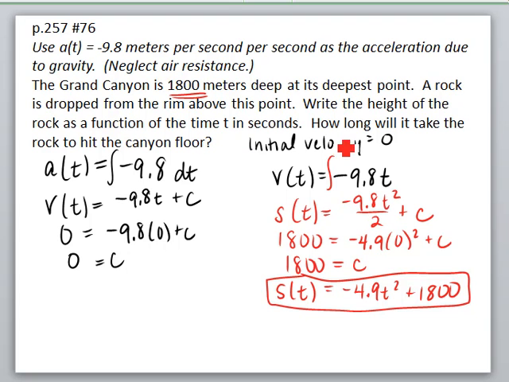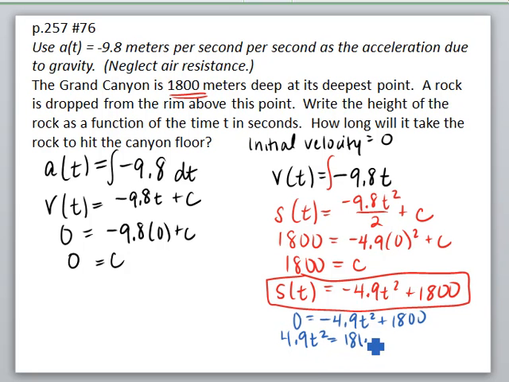The second part they want me to do is find out how long it will take the rock to hit the canyon floor. So that means that we're going to take our position function and set this equal to 0, because we want to know at what time the position will be 0. So when we solve for this, we can bring the negative 4.9 t squared to the other side.